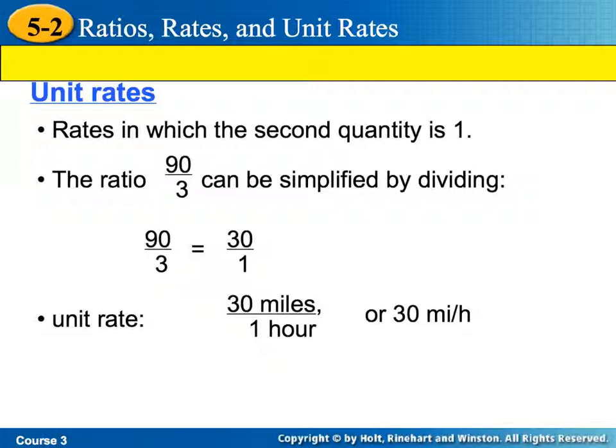Your unit rate, if I give you 90 miles in 3 hours, your unit rate is 30 miles in 1 hour. Notice my denominator, my second quantity, that denominator is on the bottom. It is a denominator. It is uno. 1. Unit rates, your denominator is 1 or uno.